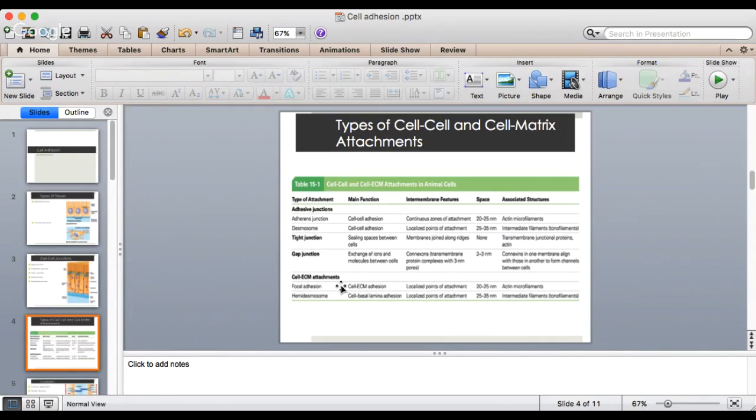We can see focal adhesion is the cell to extracellular matrix adhesion, and its structure is associated with the actin microfilaments. I'm going to talk more in depth about focal adhesions later on. This just gives a brief overview of what I'll be discussing.